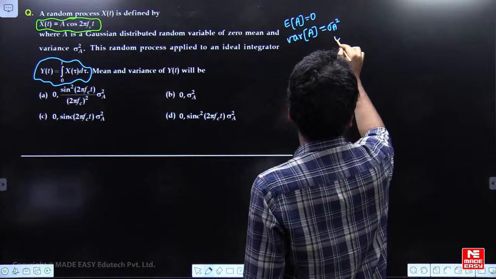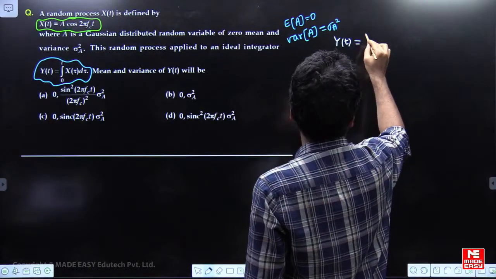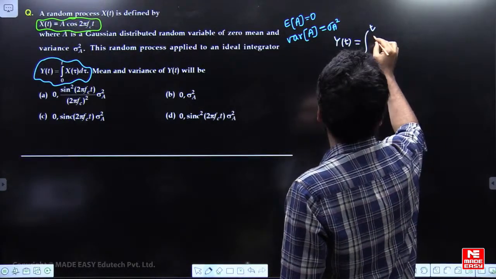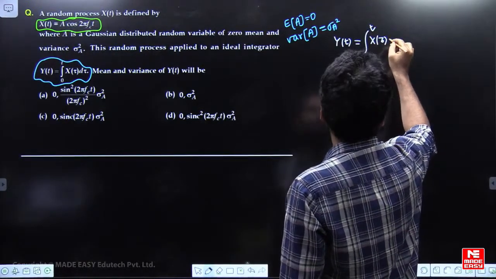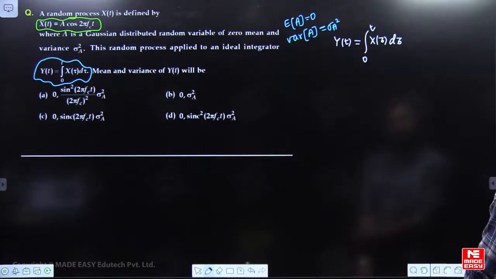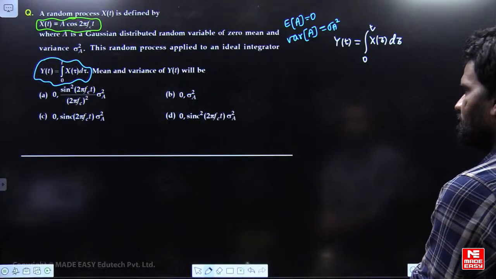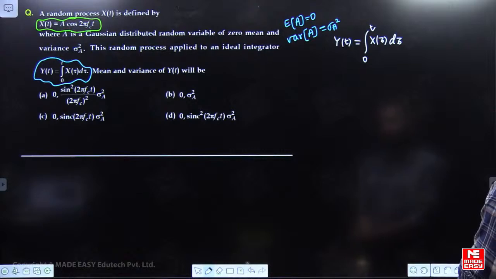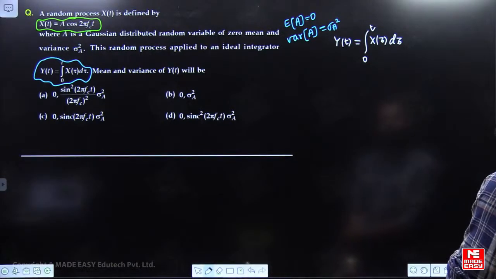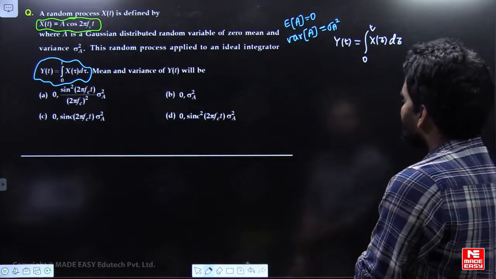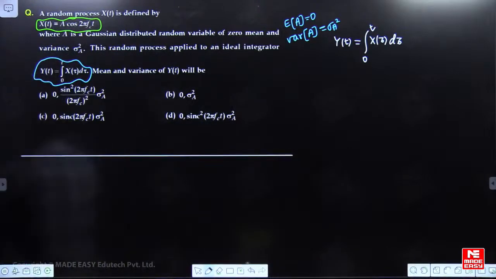Yes, if you see, y(t) is equal to the integration from 0 to t of x(tau) d tau. Anyone got the answer?